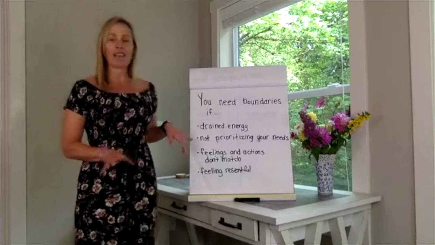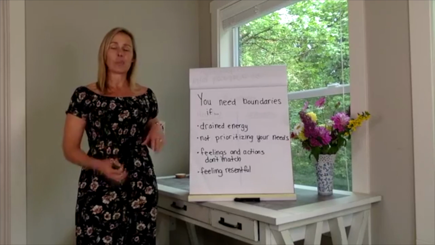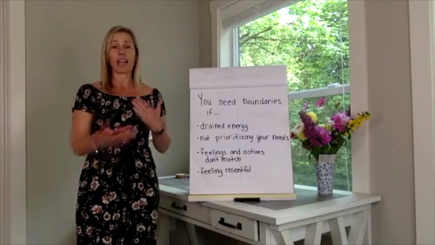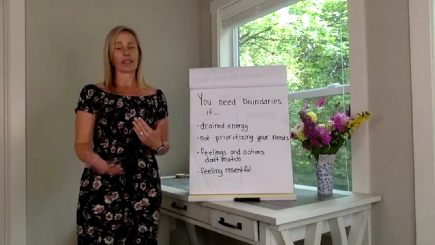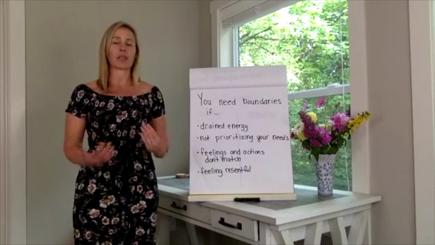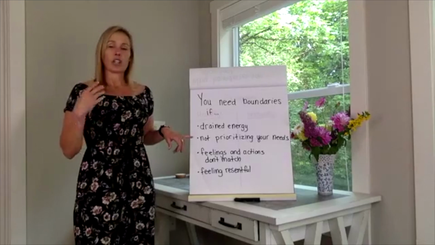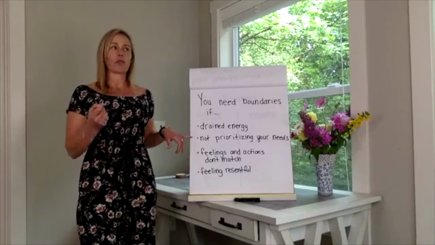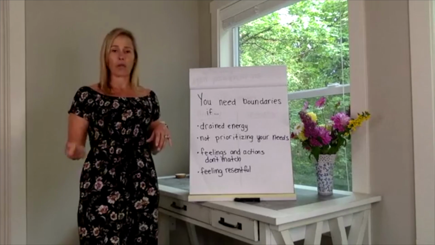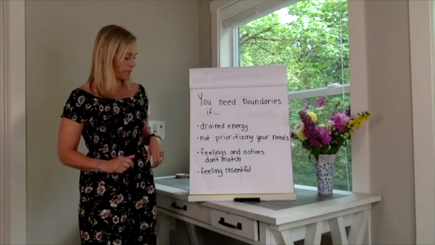But if you have that one piece, you're not prioritizing your needs. And at this point, you need to take care of what it is that you're doing and not worry about what other people are thinking and not worry about those pressures that they put on you. That's part of your bubble. You're taking care of yourself. So you need to prioritize your needs. And if you find that there are areas of your life where you're putting yourself second over and over and over, that's how you know that you need a boundary.